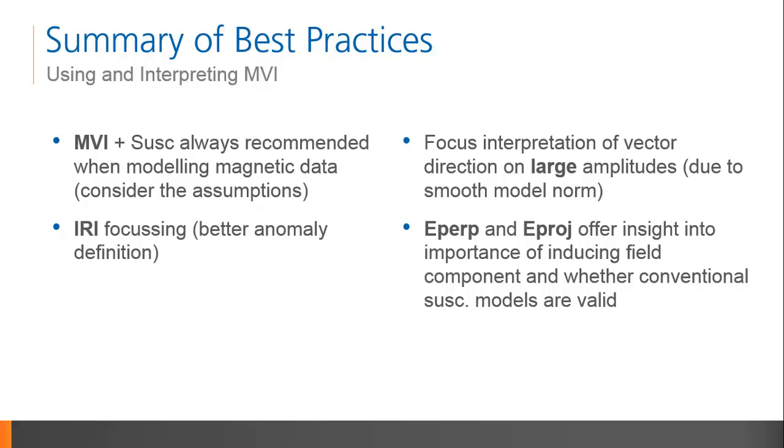I recommend to always compare both conventional susceptibility models and MVI models to better understand the solution space of a non-unique process. I also recommend to always use IRI focusing for better anomaly definition, and to focus the interpretation of magnetization vector direction on large amplitudes due to the smoothing caused by the default model norm.